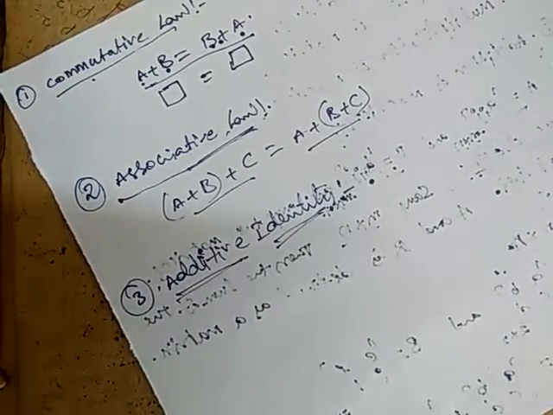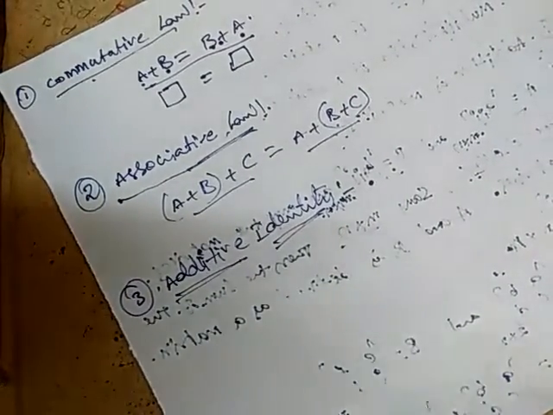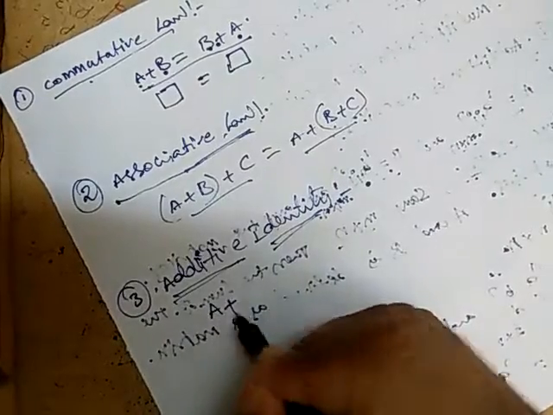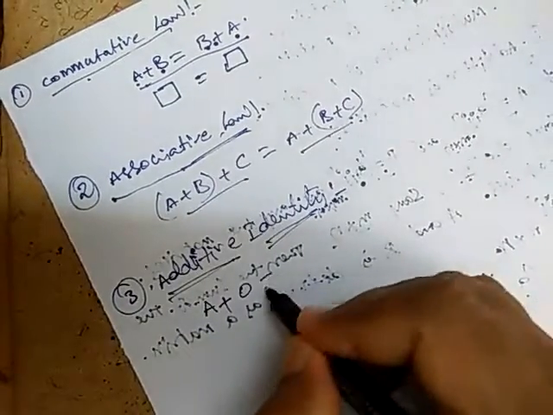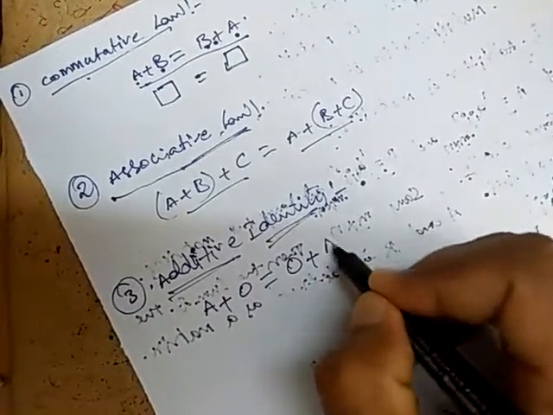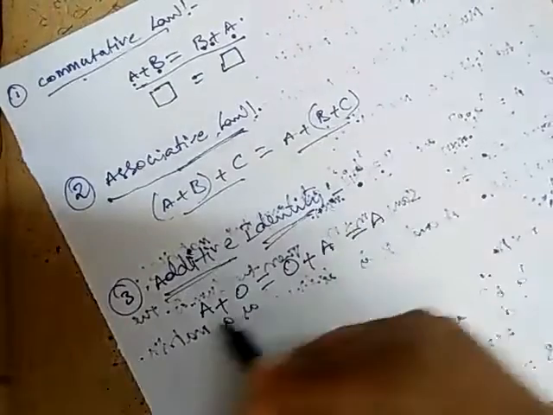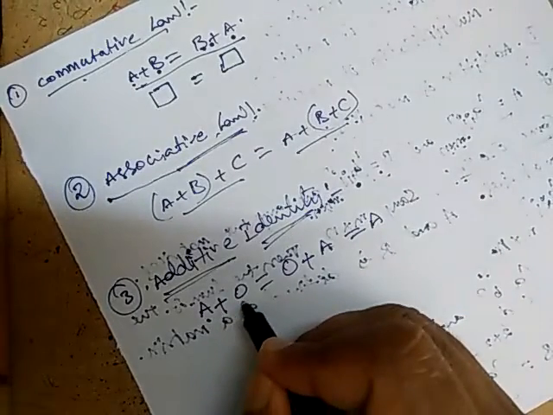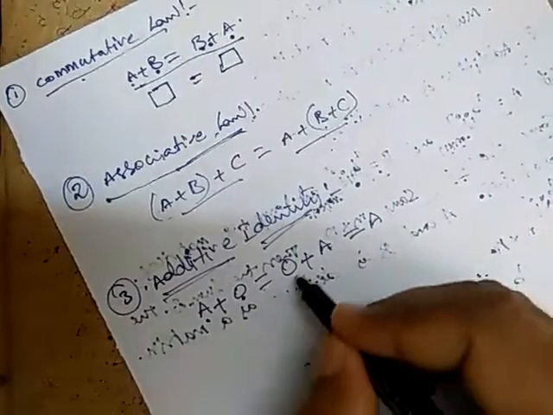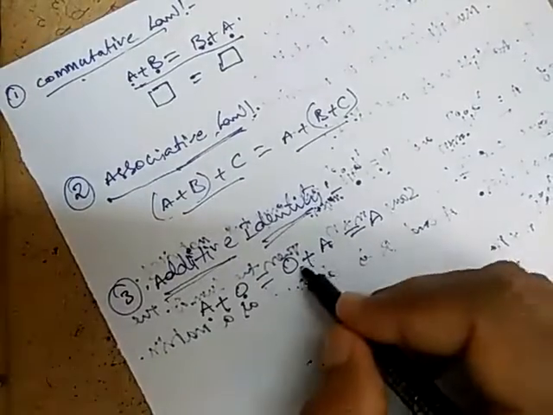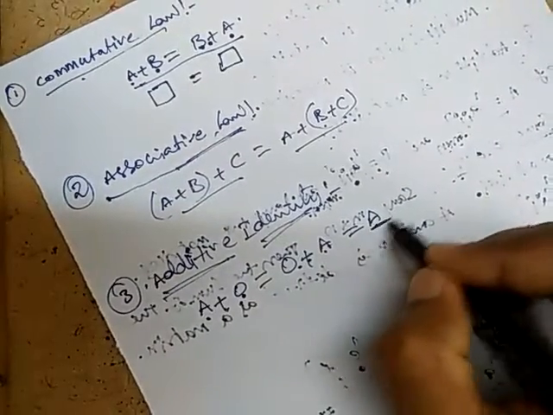If you add any matrix with the 0 matrix, you will get the same matrix. I am taking A matrix and adding the 0 matrix: A plus 0 equals 0 plus A, which gives A only.